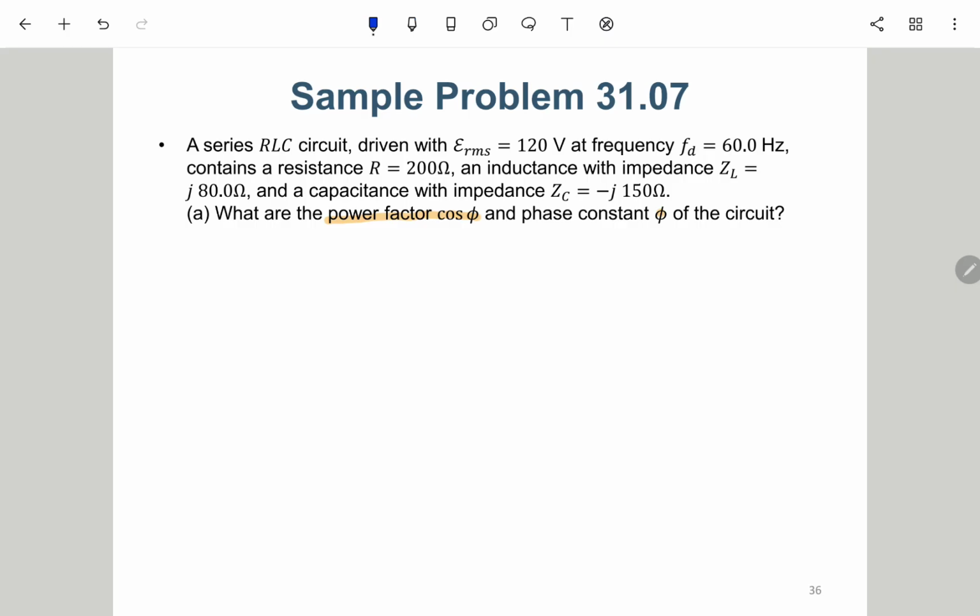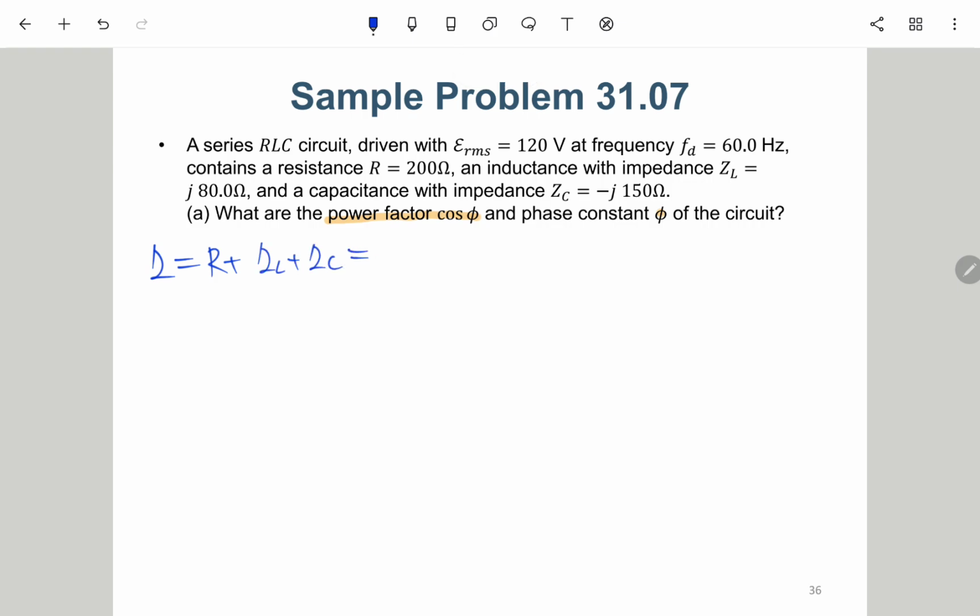Here we have Z equals R plus ZL plus ZC.